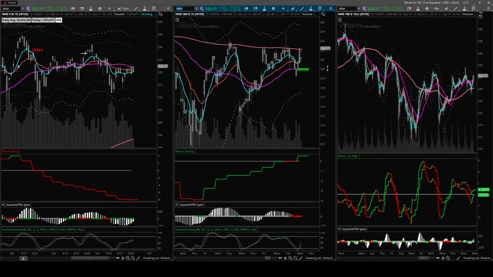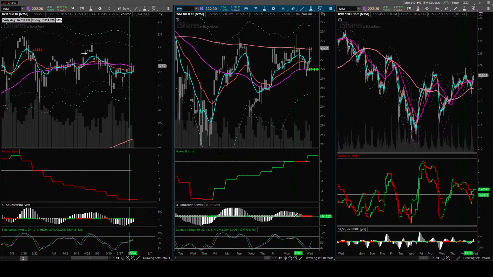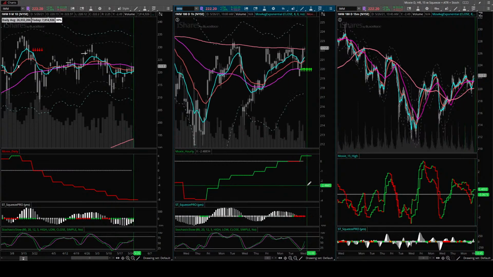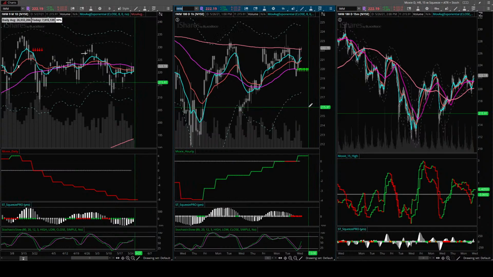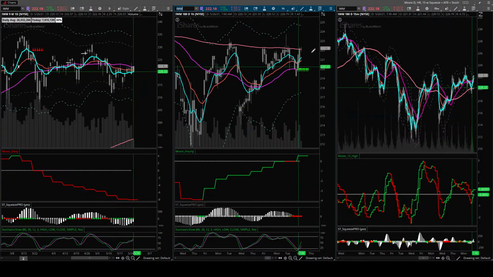And what did we just get on the IWM? We just got a pullback into the hourly 50 that appears to have recovered. So we're starting to see some good progress here. And if price can continue to stay above the hourly 50 at this point and use this squeeze that we're starting to see develop, then we could see price continue to move up and over the hourly 200 and up and over the daily 50.